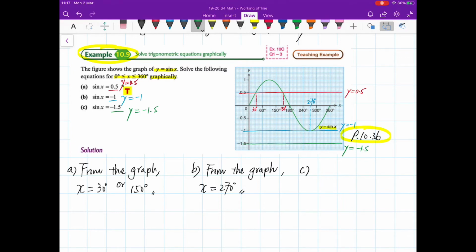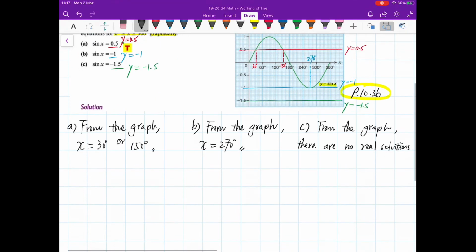So as you can see, if this green line intersects with y equals sine x, okay, the answer is no. So therefore, from the graph, is there any solutions? No. So there are no solutions or no real solutions. Okay, done.